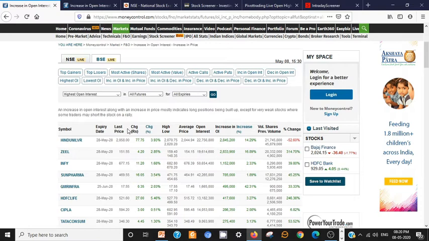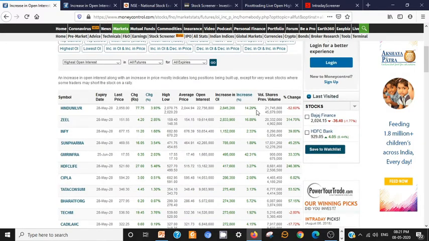You can see stocks such as Hindustan Unilever, Zee Limited, Infosys, Sun Pharma. In these stocks there is an increase in open interest, and you can see the percentage of increase, and also the percentage change in price. So these stocks are expected to show a bullish trend.